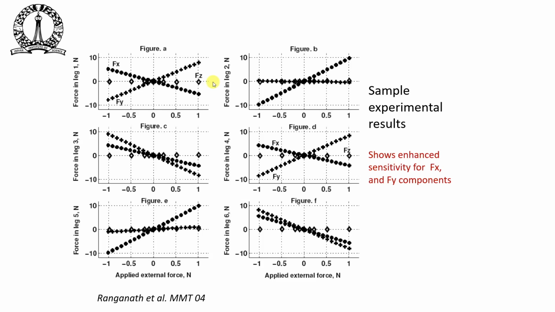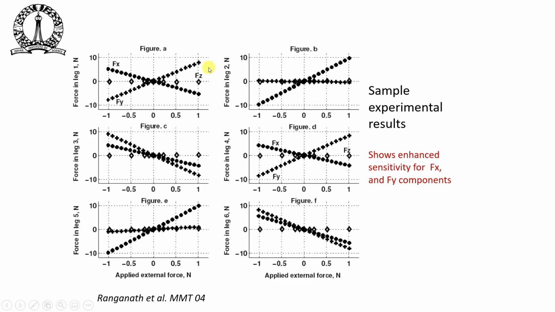Yes, because the configuration is very close to a singular configuration where the sensitive directions are Fx, Fy and Mz. So a small f will give rise to a large leg force, whereas for Z there is not much amplification. The Z force, the vertical force, is also supported at 6 places, so hence it is very small.